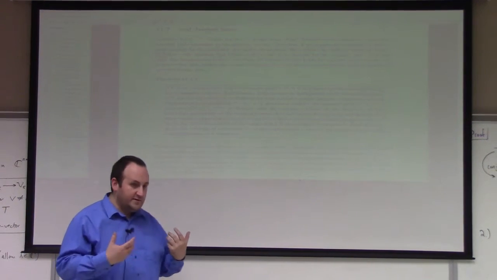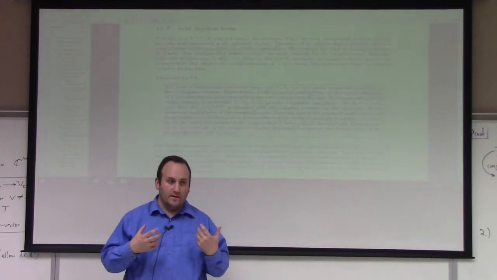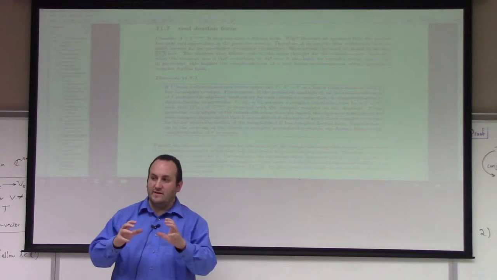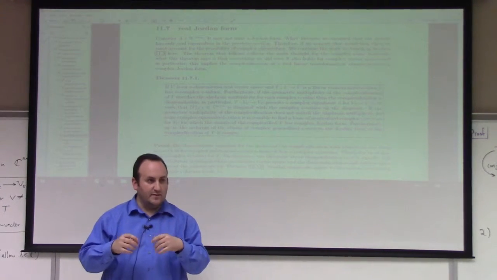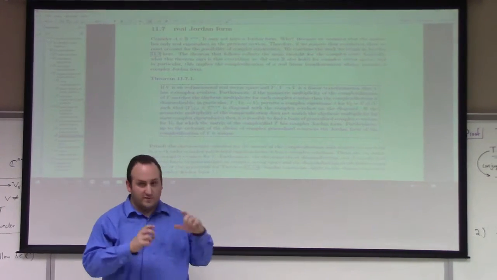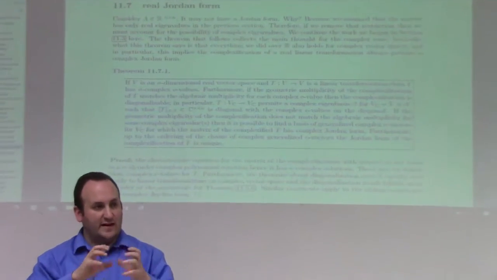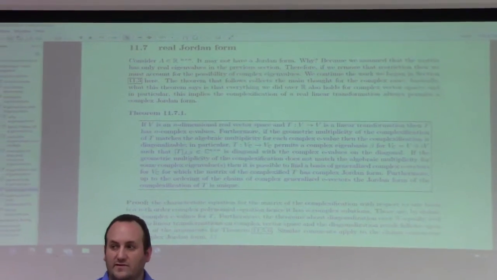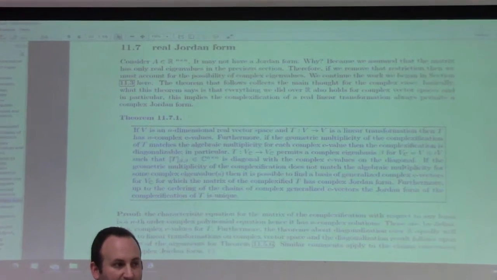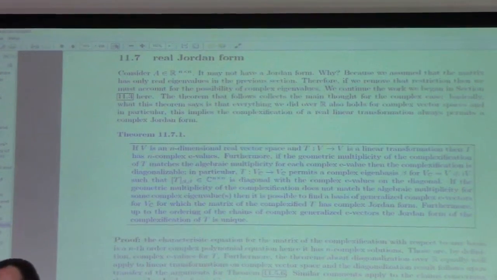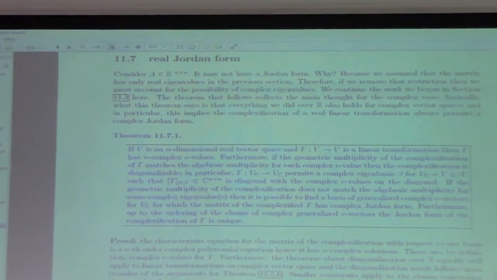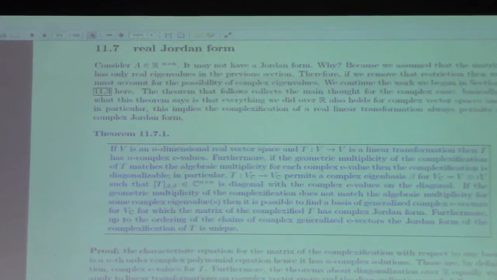And a good alternative, a standard go-to, is this real Jordan form. So I've already shown you if we have a complex eigenvector, which is one of the things that can happen, that corresponds to one of these 2x2 rotation dilation blocks, right? What else could happen is you could have a complex generalized eigenvector. That could also happen.